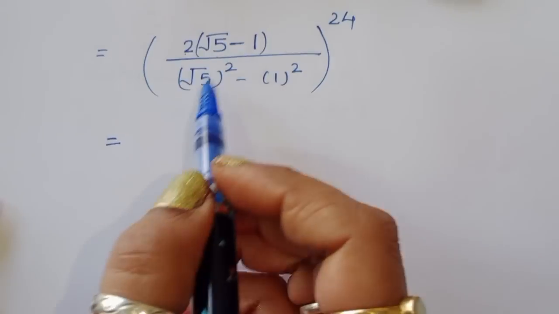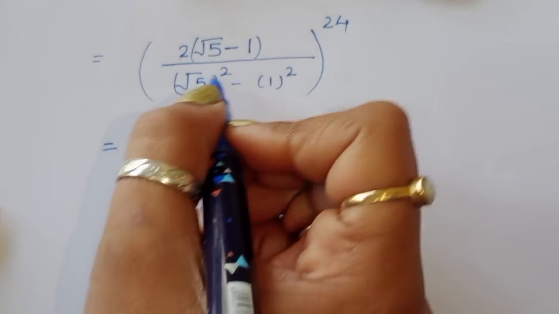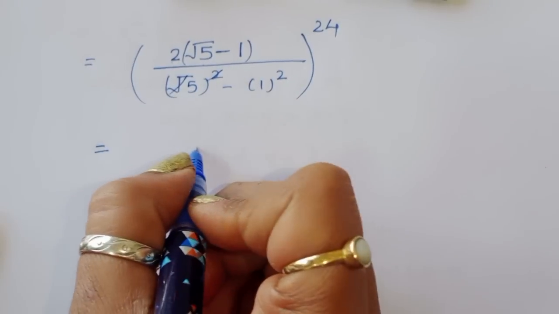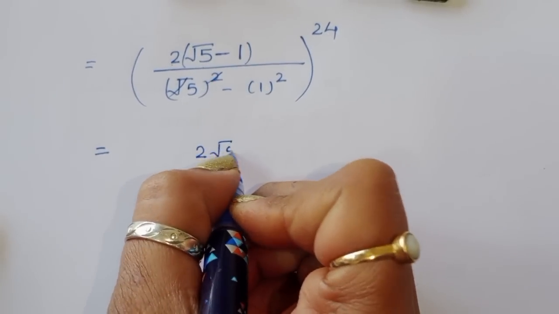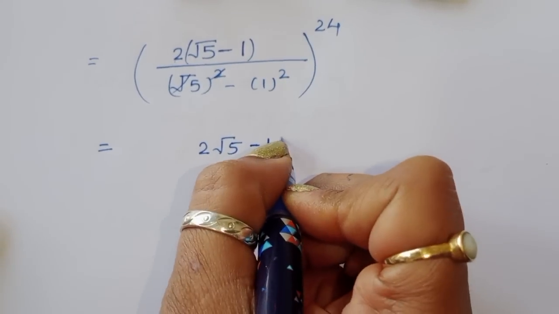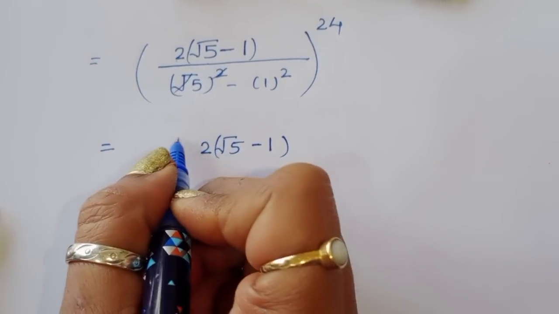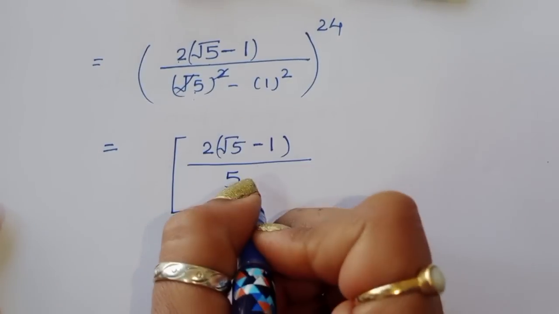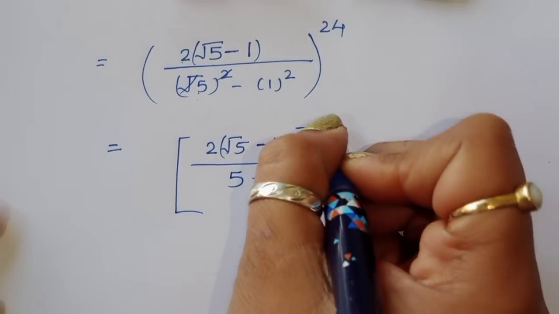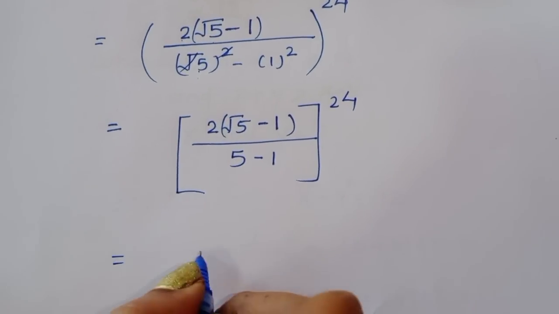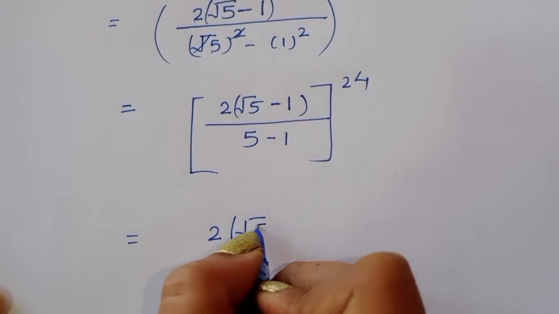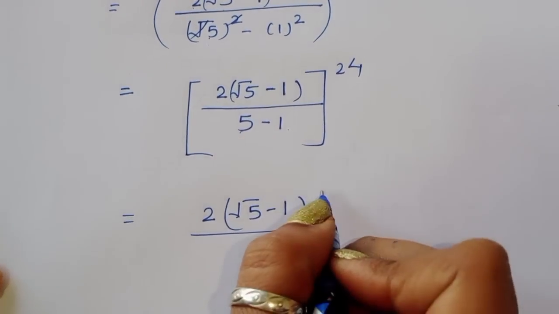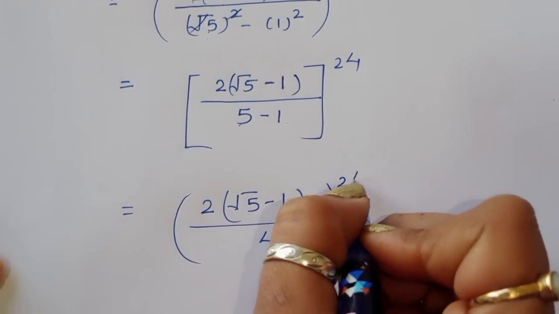2 times square root of 5 minus 1 over square root of 5 squared minus 1 squared. Now the square cancels the square root, so we get 2 times square root of 5 minus 1 divided by 5 minus 1, which is 4, power 24.